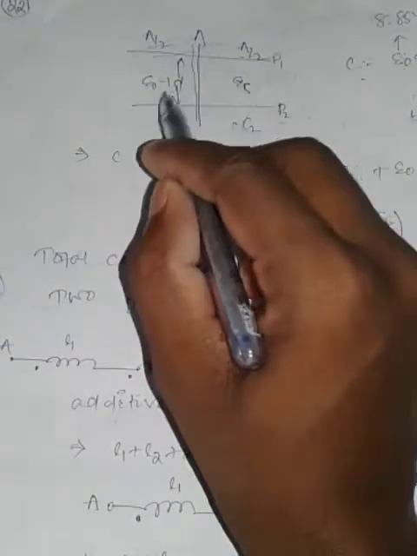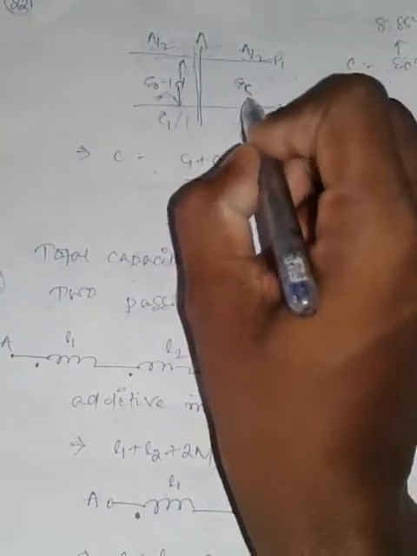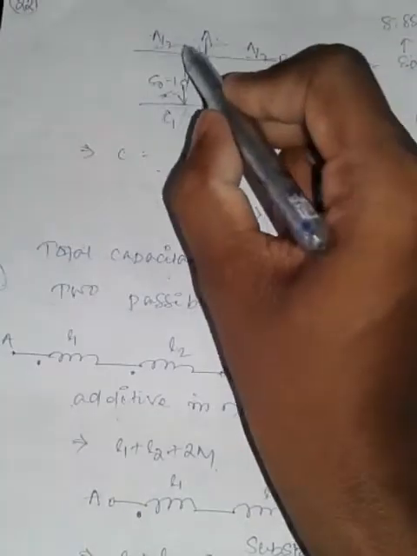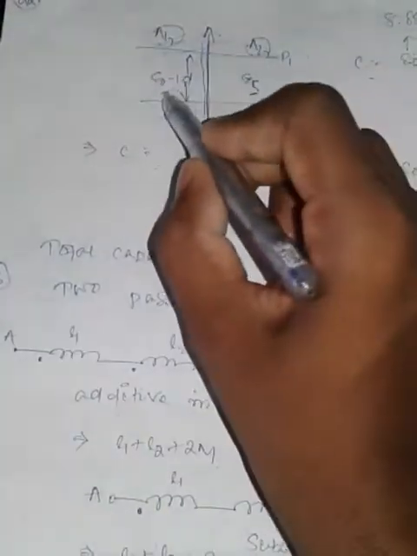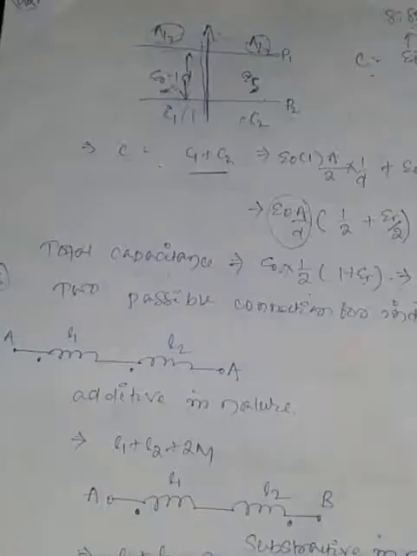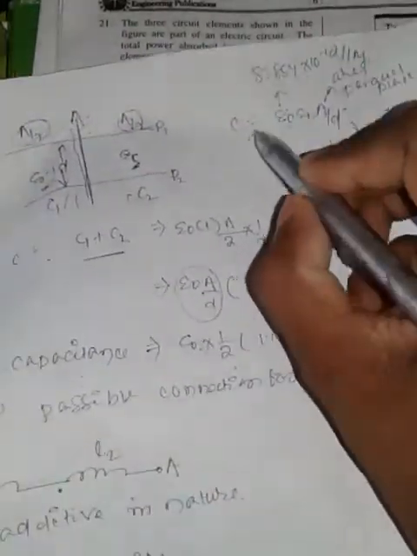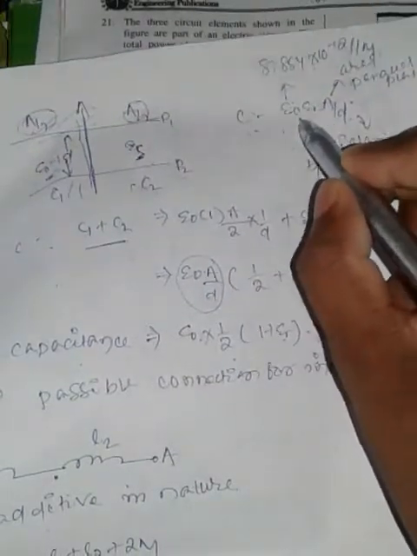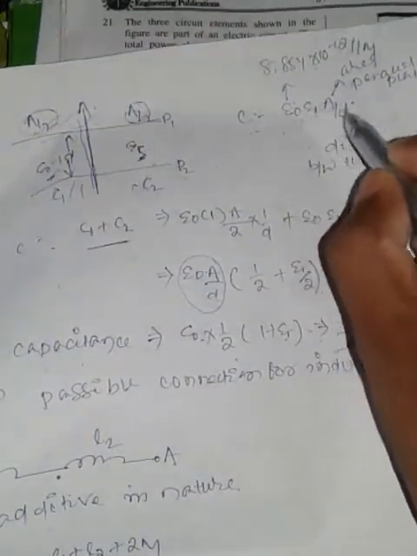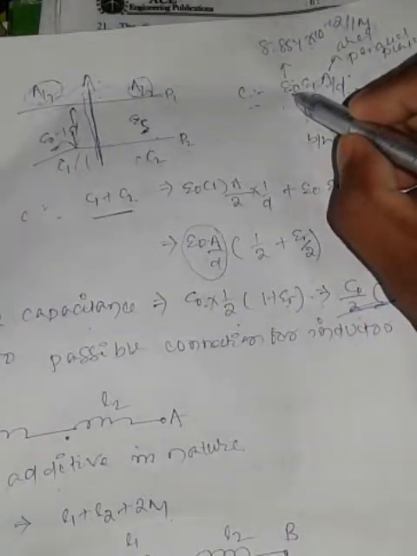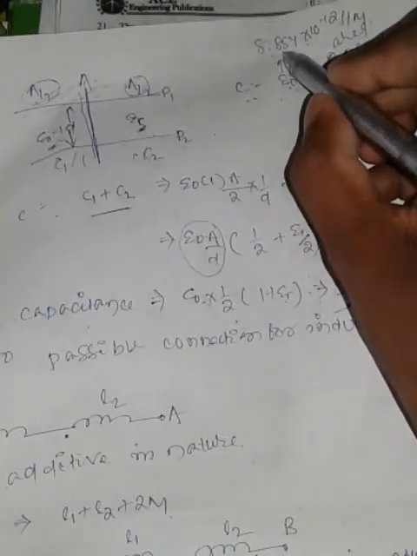So the capacitor is divided into two parts, one in air and another with a dielectric. If you divide in this way, the area is divided, so each area will be A by 2; one dielectric will be epsilon equal to 1, and the other will be epsilon R. The normal formula for the capacitor in any material is C equal to epsilon naught epsilon R A by D. Epsilon naught represents the permittivity of free space, with value 8.854 into 10 to the power minus 12 Farad per meter.